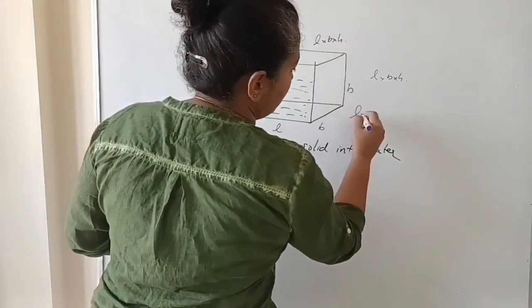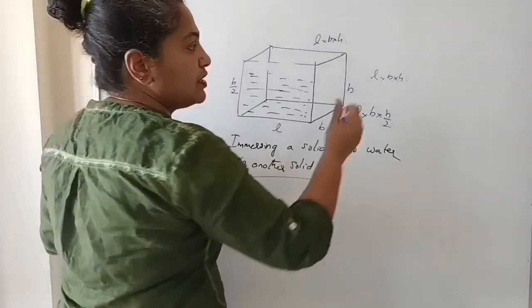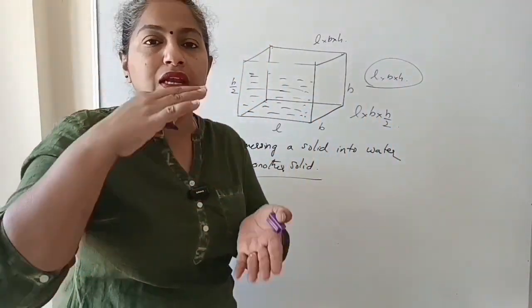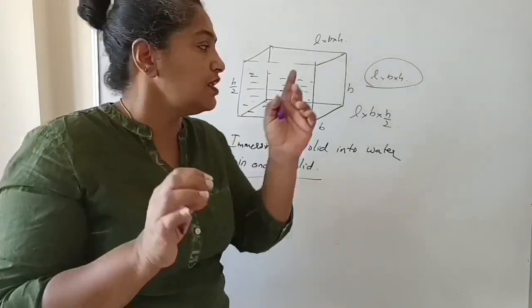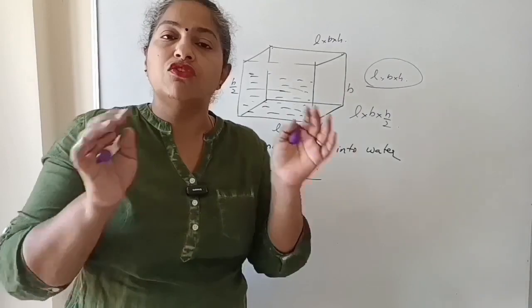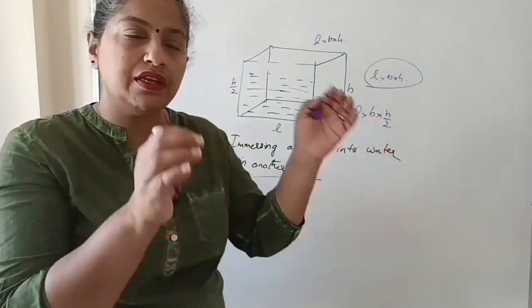What is the volume of water? It will be L into B into H by 2. What is the volume of the cuboid? It is L into B into H. Because water was only till half of the height, the volume of the water is L into B into H by 2, but the volume of the cuboid is L into B into H. Which means that I can pour more water into the cuboid. Okay, that part is clear.